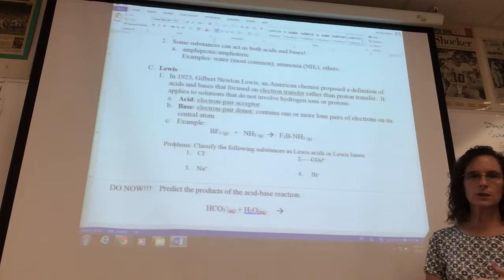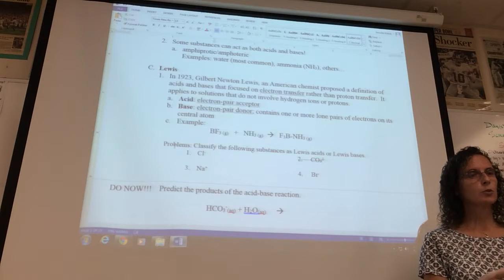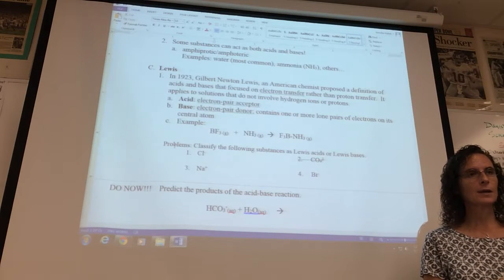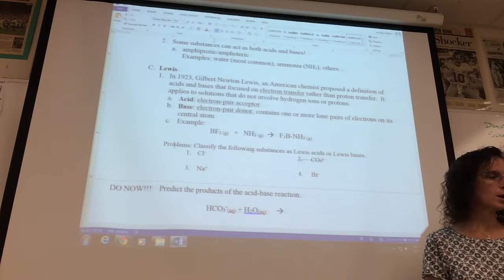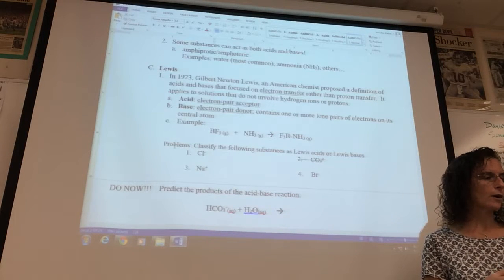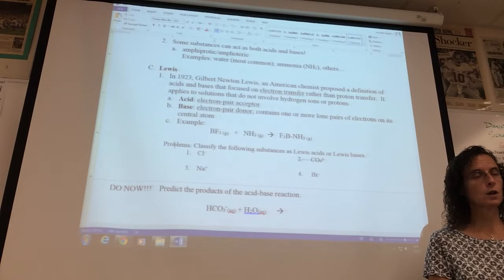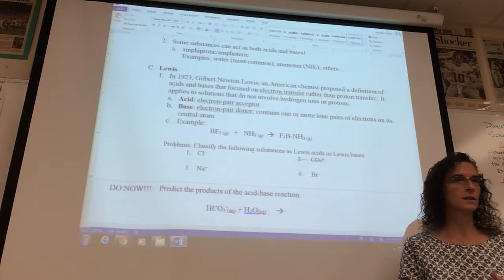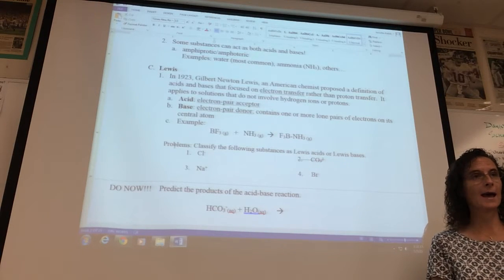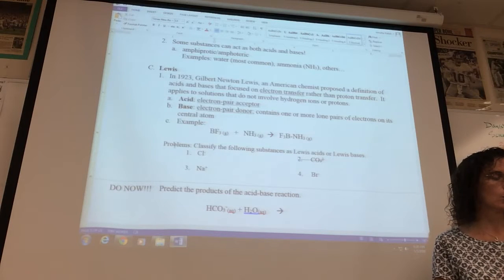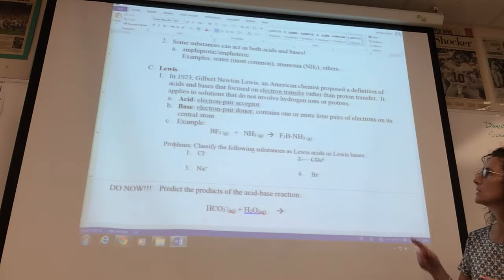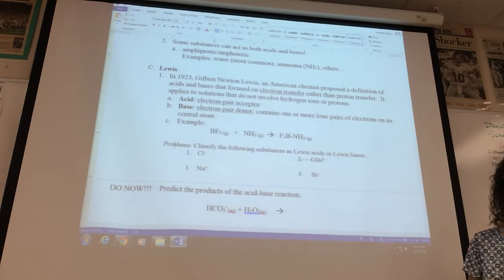So another definition focuses not on protons being donated, accepted, or generated, but on whether electron pairs are accepted or donated. Because some acids don't have protons to donate or accept. And so this is going to focus on electron transfer.